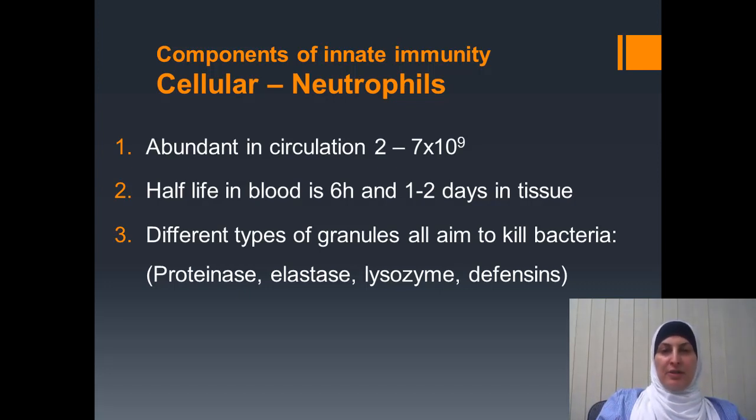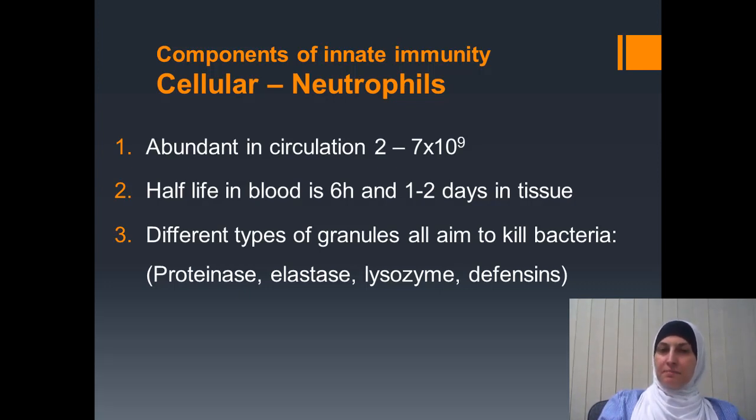And remember also that neutrophils is part of the granulocyte, so it has granules inside it, and these granules are sort of neutral, not acidic and not basic, and these granules are actually enzymes that would help in degradation and killing of the pathogen. Examples are proteinases, elastases, lysozymes, and defensin.